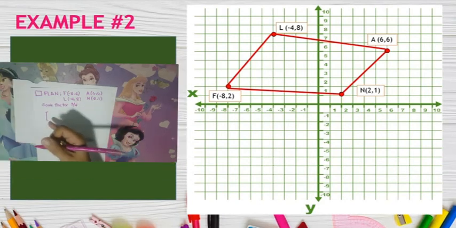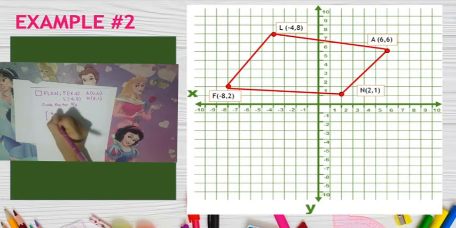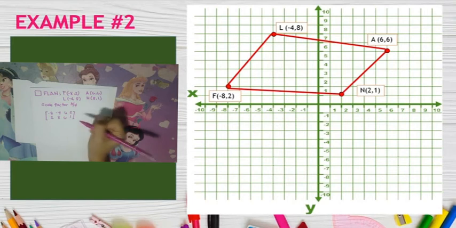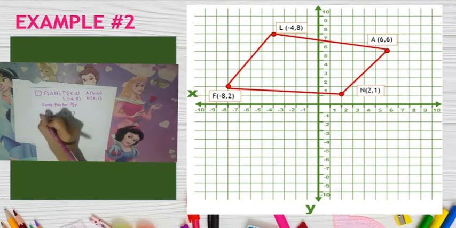Let's write these coordinates into their matrix form. So we've got negative 8 and 2, negative 4 and 8, 6 and 6, 2 and 1. Here we go. So now that we have these coordinates in matrix form, let's have the scale factor just outside the matrix.